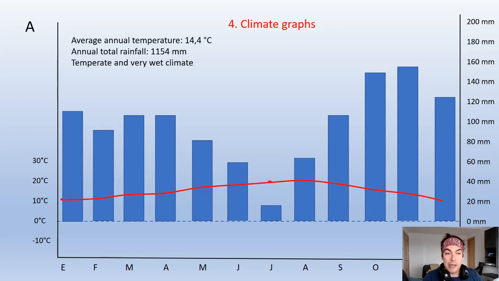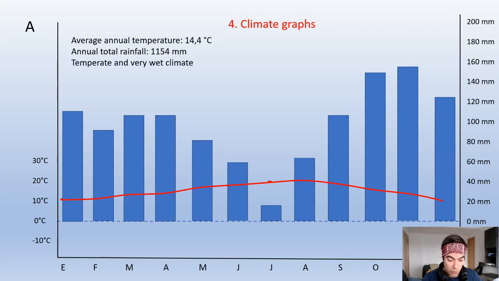So the climate graph A, the first one, should look more or less like this one I have drawn here with PowerPoint, okay? The average annual temperature is 14.4 degrees centigrade. The annual total rainfall is 1,154 millimeters, and so therefore the climate is a temperate climate and a very wet climate, okay?